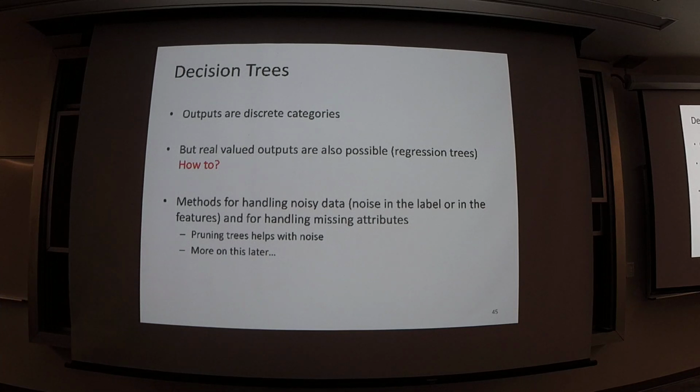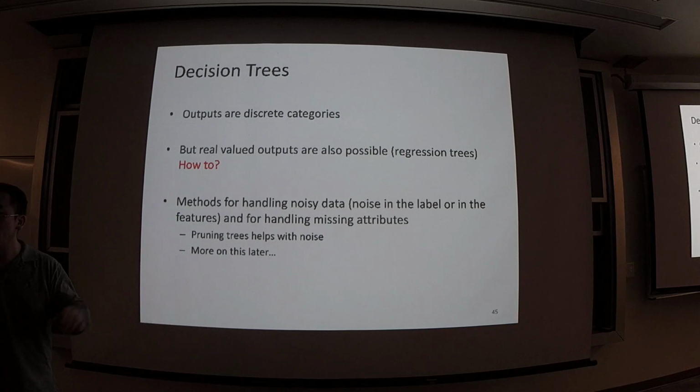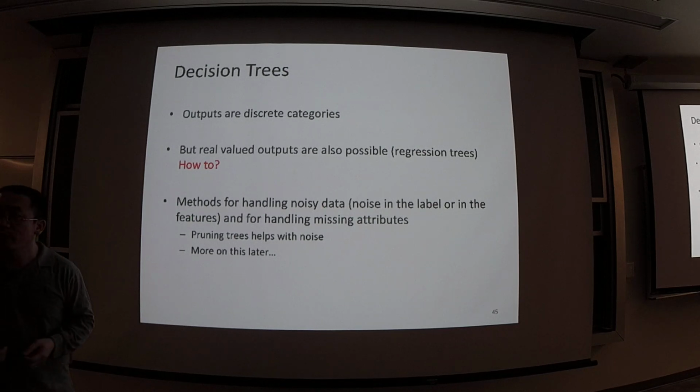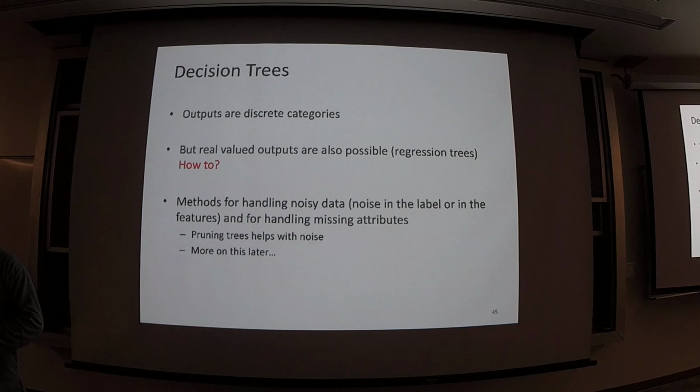Also, in practice, the data are filled with noise, and you often see cases where your label might be incorrect or corrupted by noise, or some features are missing. To construct robust decision trees, we need extra tricks to address those issues, which we'll cover later.